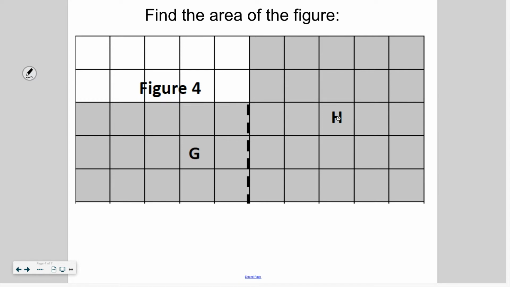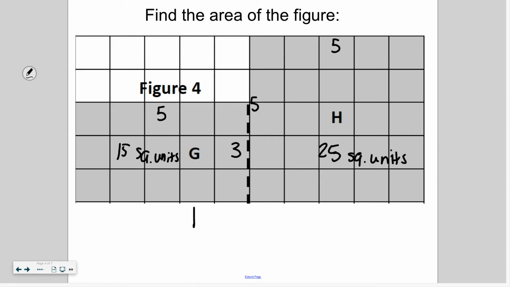All right, so H is 1, 2, 3, 4, 5 by 1, 2, 3, 4, 5. So that's 25 square units because I know that 5 times 5 is 25. And then here I have 3 and 5. So that makes 15 square units because 5 times 3 is 15.